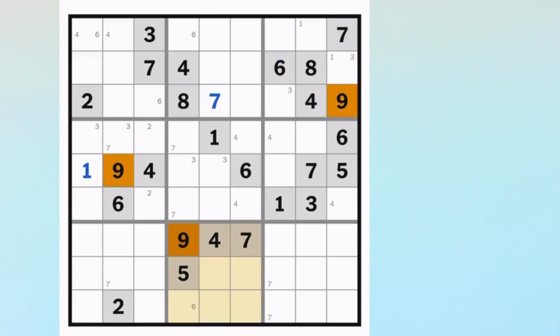Then we go to 9. So these are the 2 cells where 9 can appear. Similarly, these are the 2 cells where 9 can be the likely candidate for this block.